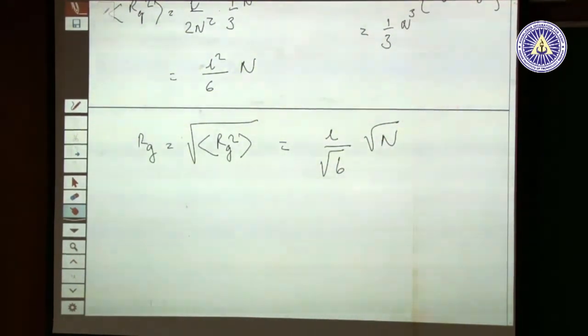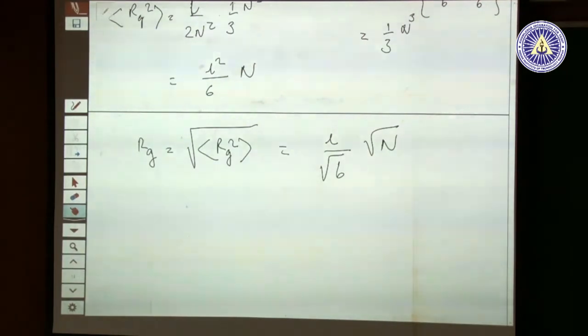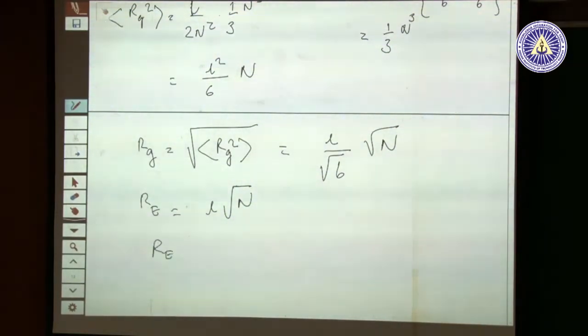In fact, we saw Re scaled the same way. If you remember, Re was just L times square root of n, and if you take the ratio Re over Rg, it's just 1 over square root of 6.